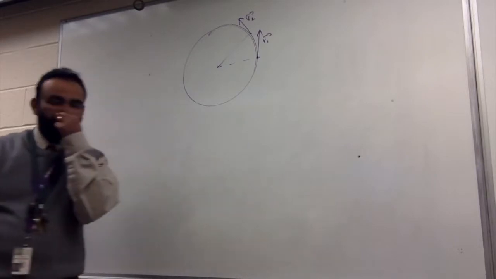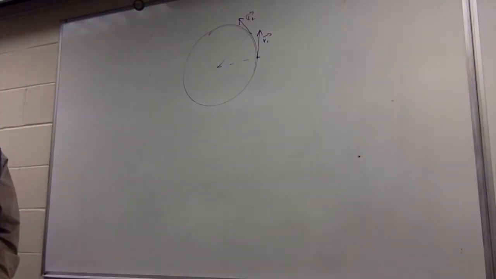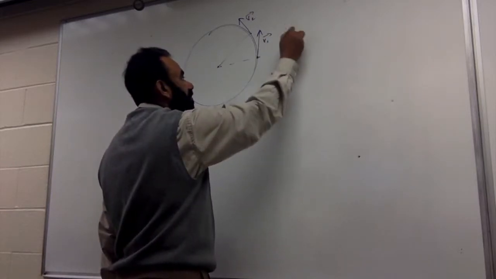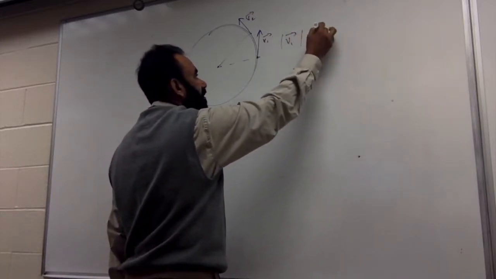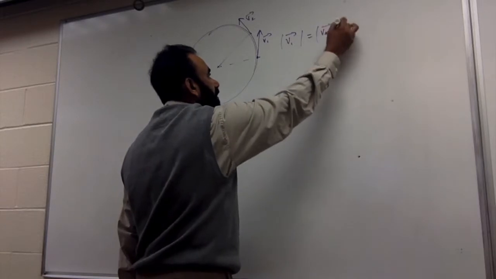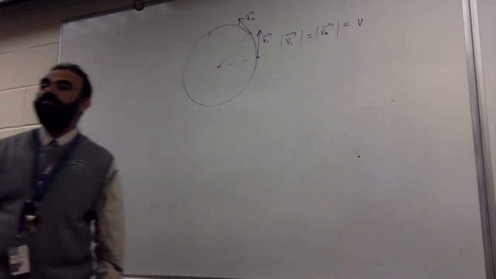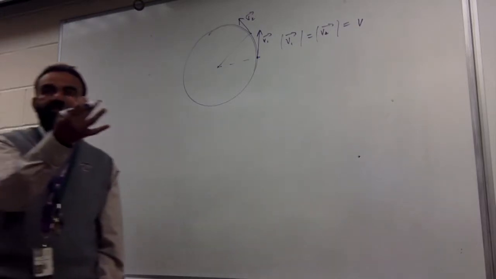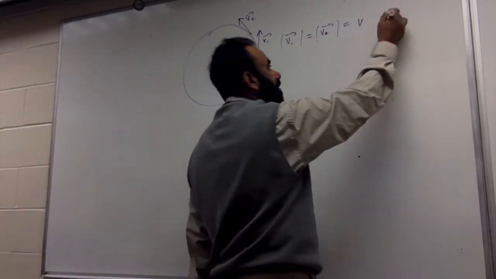The magnitudes are exactly the same, but the directions are different. And I've given you all the information earlier, so I'm still writing it down. V1's magnitude and V2's magnitude is V, which is called speed.